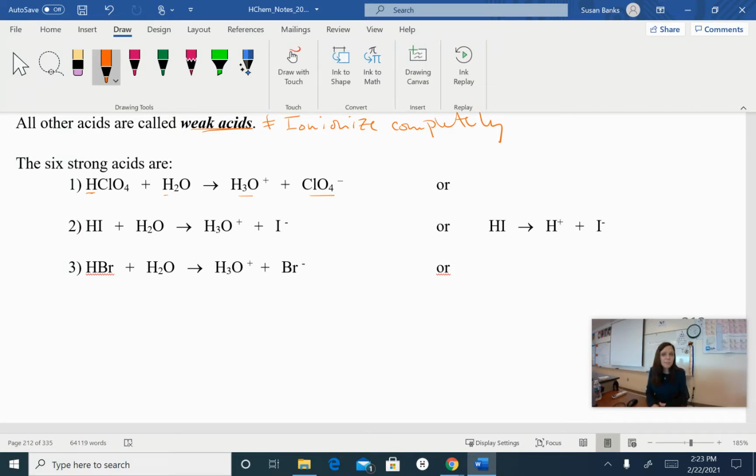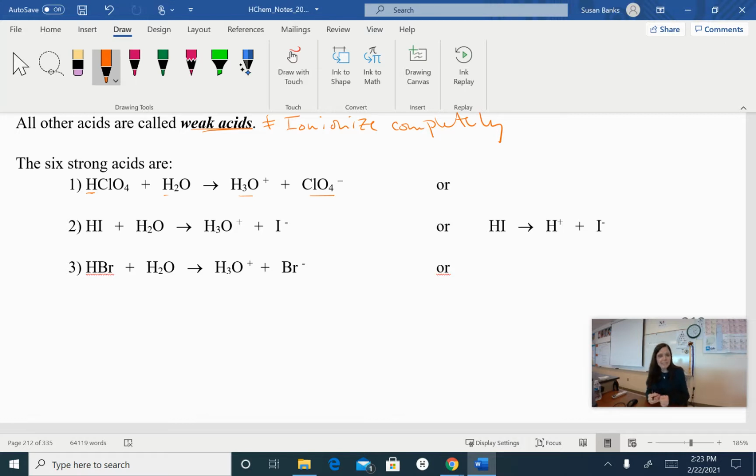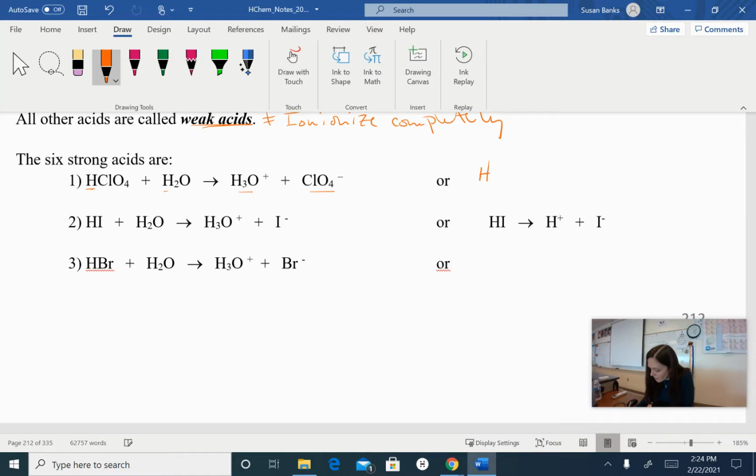Now, a lot of times we don't want to write all this water stuff because it just repeats over and over and over again. So to simplify this, we just really write the acid ionizing. So we would write perchloric acid ionizing into the hydrogen ion and the perchlorate ion.